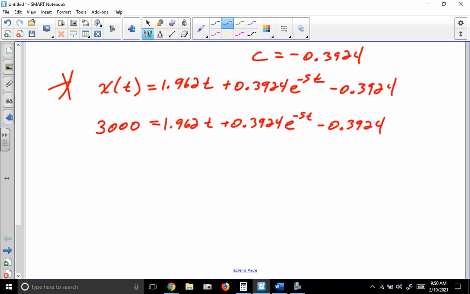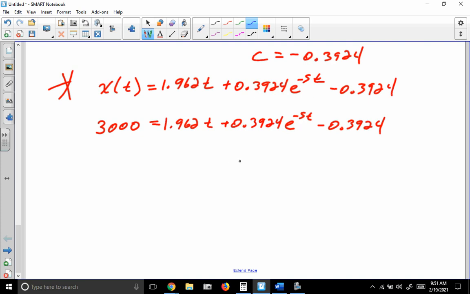Now, to solve this exactly would be quite challenging because notice we have a t here and we have a t in the exponent. But this is going to take several seconds for it to hit the ground. If it's falling 3,000 meters, this is going to take a little while.